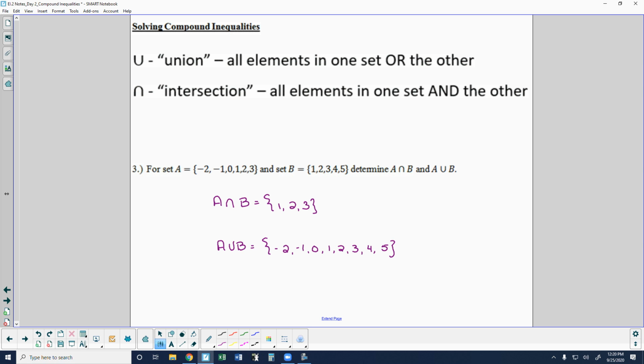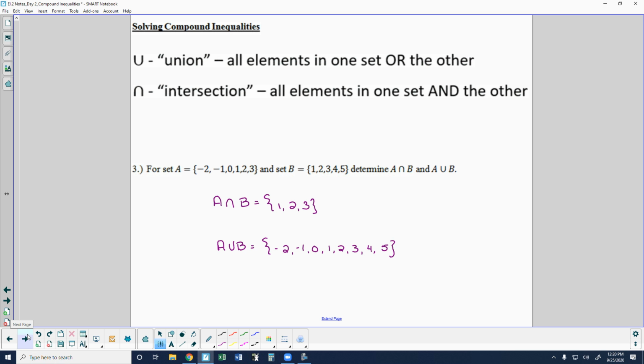So if an element shows up twice, like 1, 2, and 3 did, we only write it down in the union once. We don't have to rewrite it multiple times, but it's going to be included in the union as it is part of both of the sets, which still counts as being in one or the other.